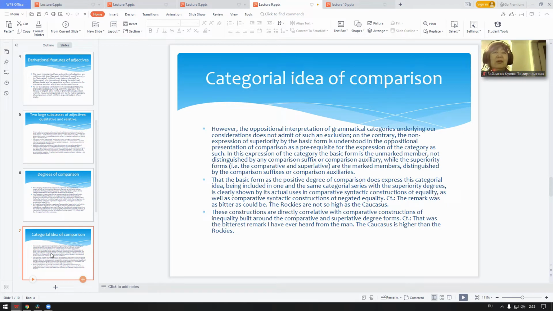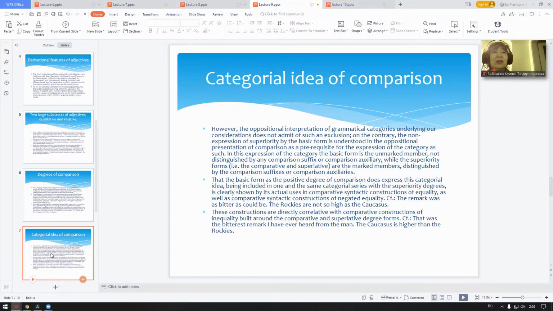Categorical idea of comparison. However, the oppositional interpretation of grammatical categories underlying our consideration does not admit of such an exclusion. On the contrary, the non-expression of superiority by the basic form is understood in the oppositional presentation of comparison as a prerequisite for the expression of the category as such.